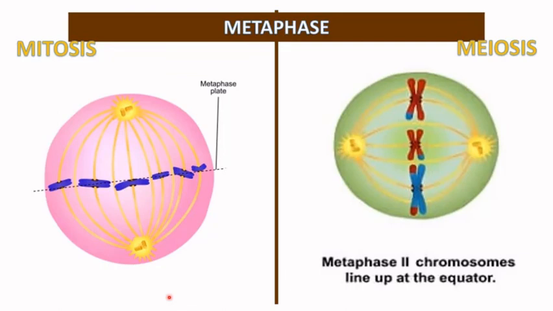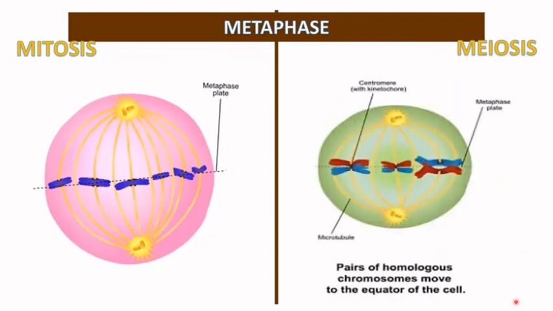In meiotic metaphase 1, pairs of homologous chromosomes line up along the metaphase plate. The way in which the homologous pairs are oriented randomly with respect to the cell poles is referred to as the law of independent assortment, and ensures a random and independent distribution of chromosomes to the daughter cells of meiosis 1 and ultimately to the haploid gametes at the end of meiosis 2.